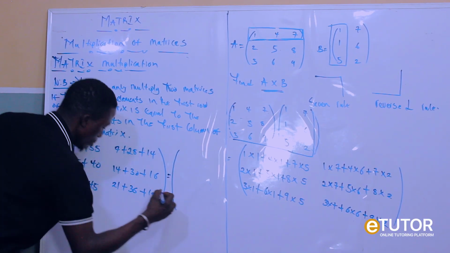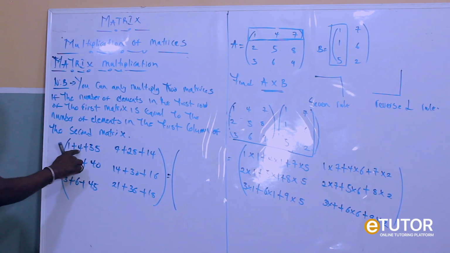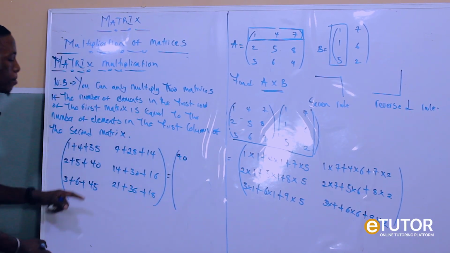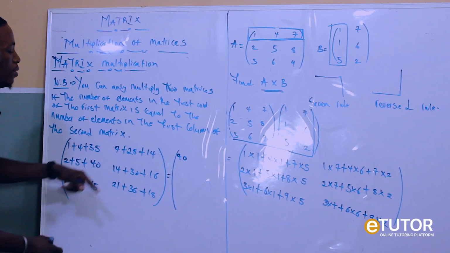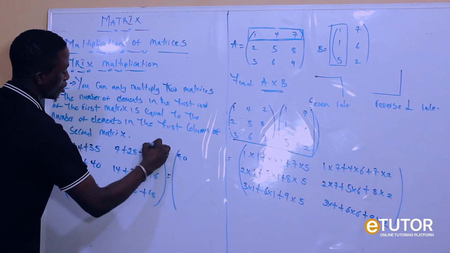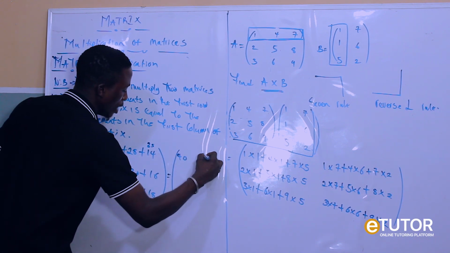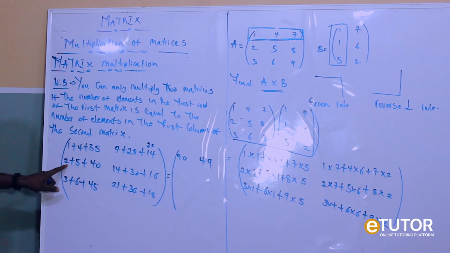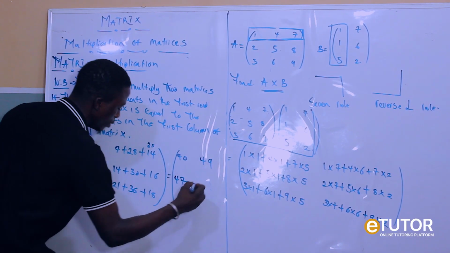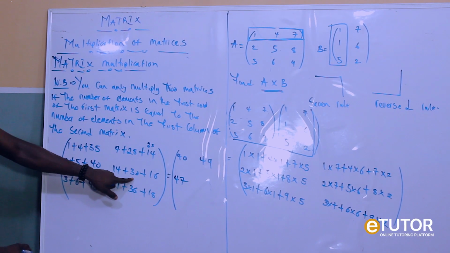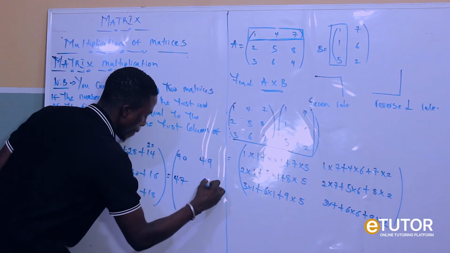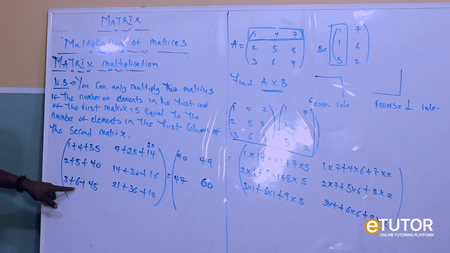So this will give 1 plus 4 gives 5, 5 plus 35 gives 40. Now 7 plus 28 gives 35, 35 plus 14 gives 49. Now 2 plus 5 gives 7. 7 plus 40 gives 47. 14 plus 30 gives 44. 44 plus 16 gives 60. 3 plus 6 gives 9.